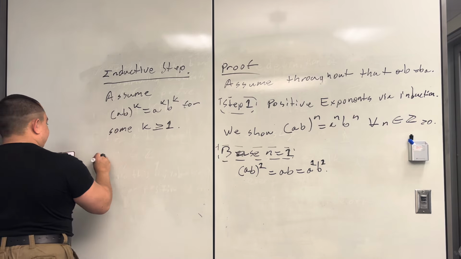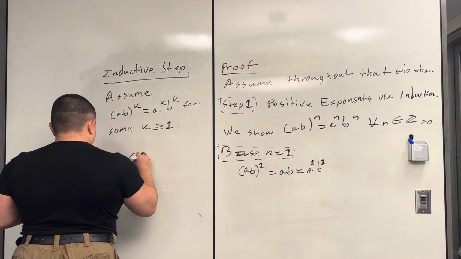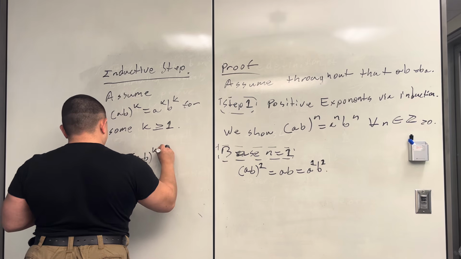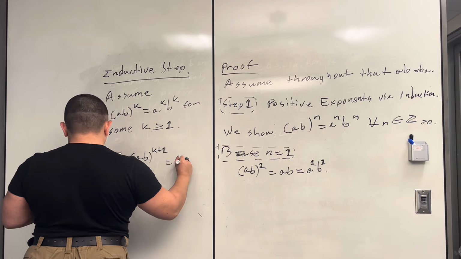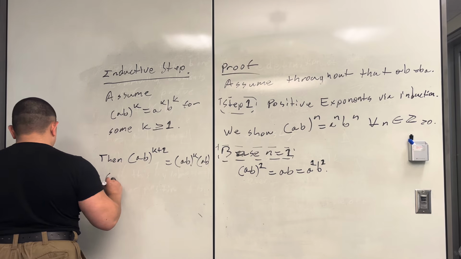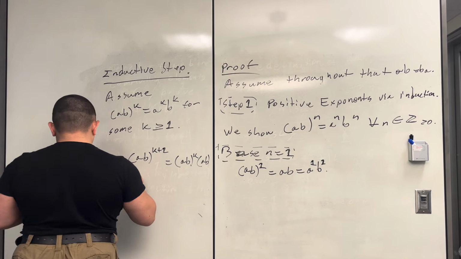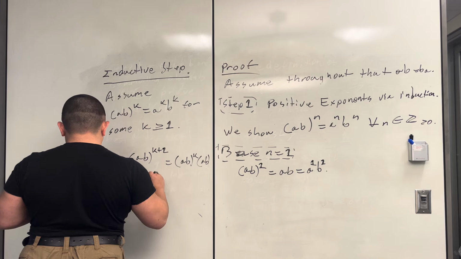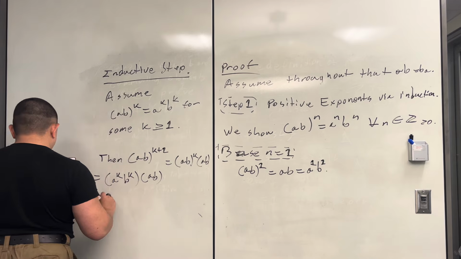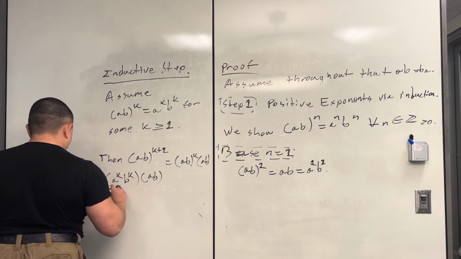It's our inductive hypothesis. Then (AB) to the k plus 1 is equal to (AB) to the k times (AB), which is equal to (A to the k times B to the k) times (AB), which is equal to A to the k times (B to the k times A) times B.